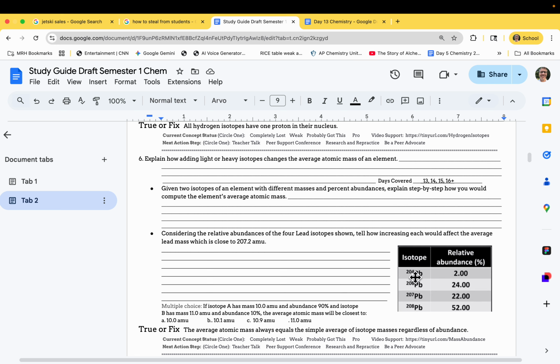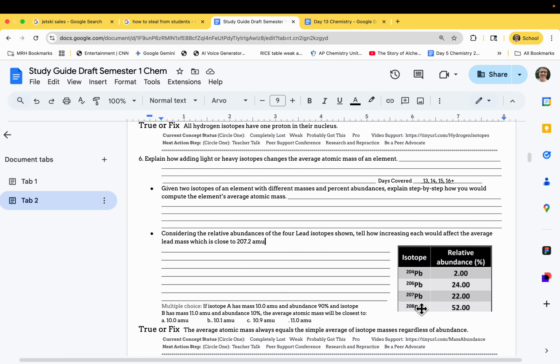Some of them are not as heavy, only at 204. So the isotope of lead, 204, exists in nature at only 2% of the lead atoms. But 52%, over half of them, are actually a heavier version of lead, which has 208 mass units.